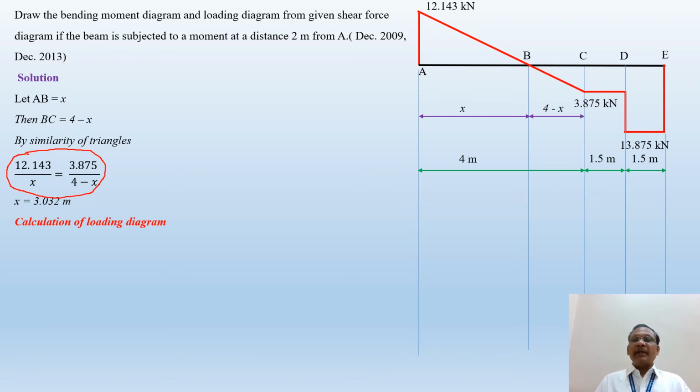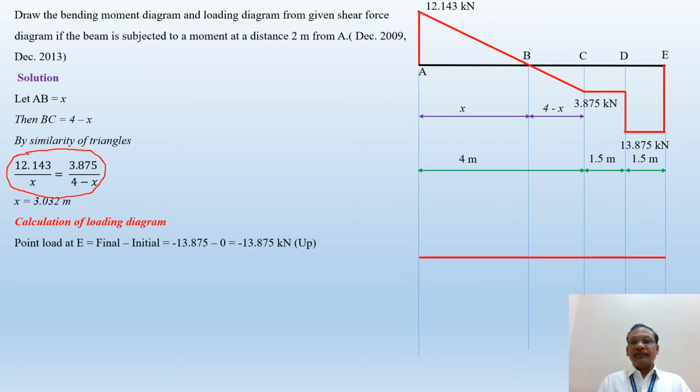But at A you will get two values of shear force, 12.143 and 0. So point loads are acting at A, D and E, and a UDL is in between A to C. So let us see how to calculate the point load. First of all, you take the reference line, that is the beam.